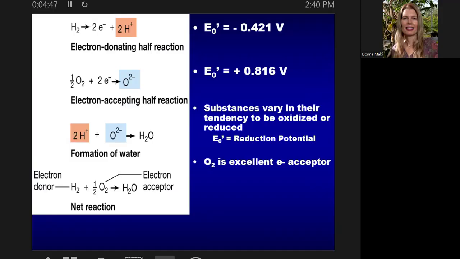One thing I want you to remember is that oxygen is an excellent electron acceptor. As far as we know, it's the best on the face of the earth. And you should also appreciate in this class, because microbes love hydrogen gas, H2 is an excellent electron donor. And there's a lot of hydrogen gas on the face of the earth and oceans, so they can make use of this.